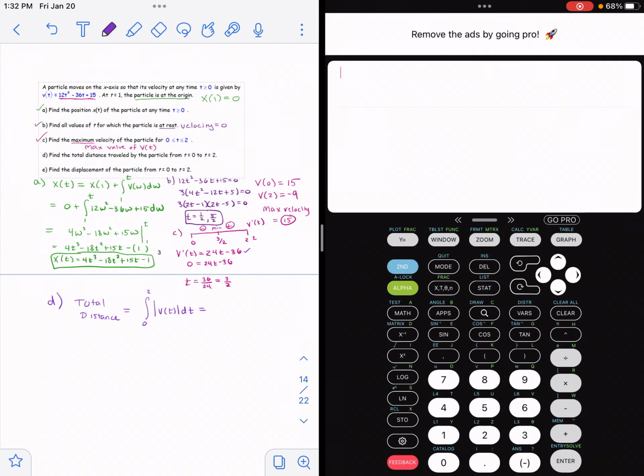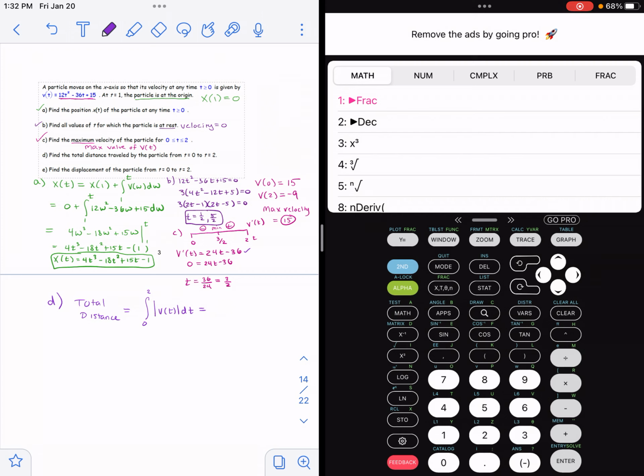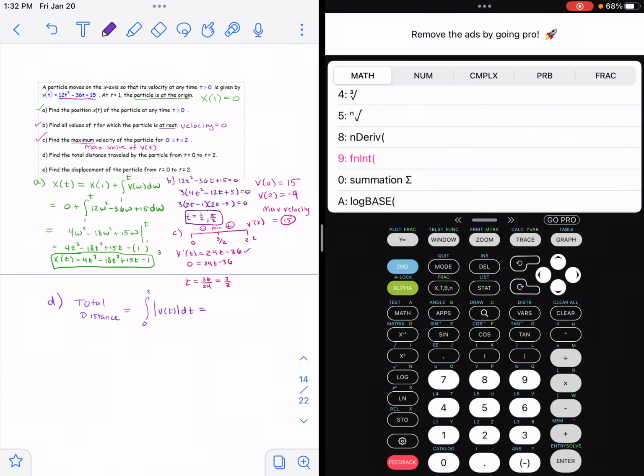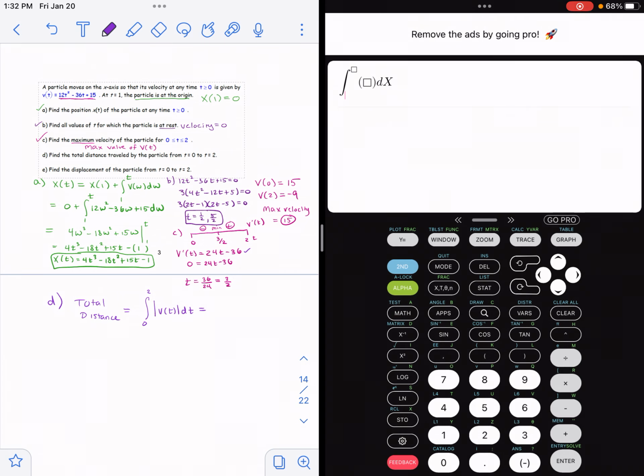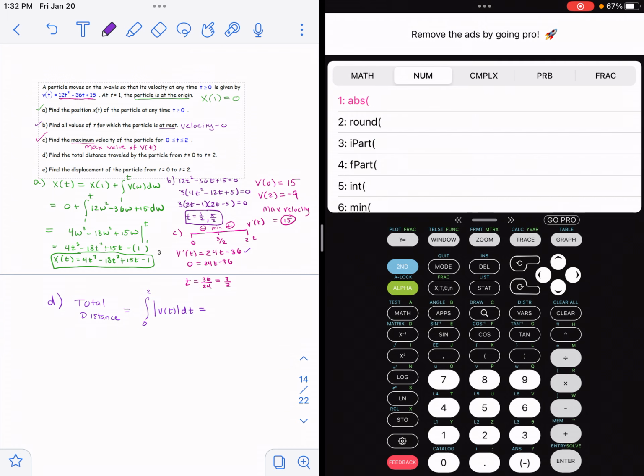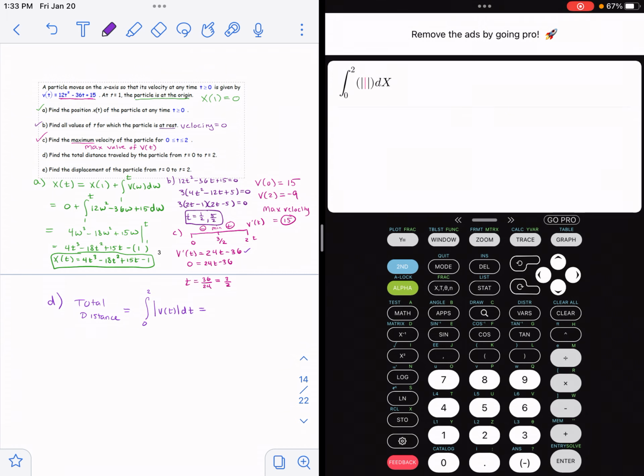Okay, so I need my velocity function, so I'm going to hit math, fnInt, and integrate from 0 to 2. I'm going to get my absolute value bars, and my velocity function, 12x squared minus 36x plus 15, and I get 17.